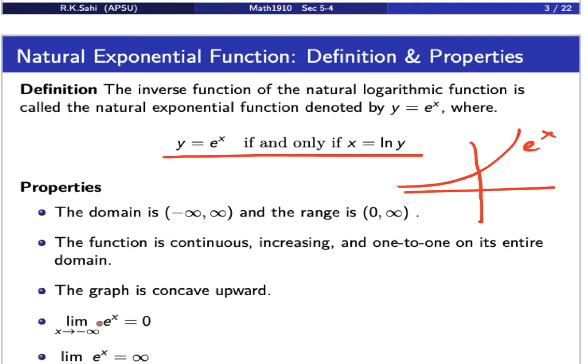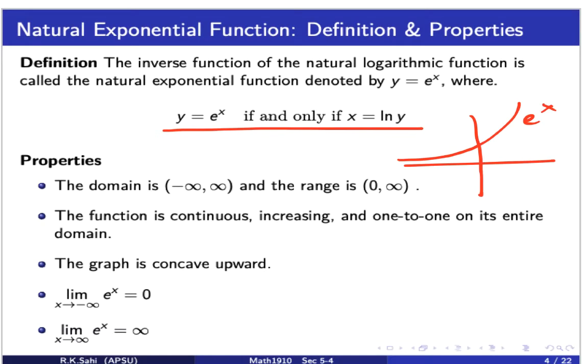If we take the limit as x tends to minus infinity, in other words, when x becomes very, very small, the function approaches 0. And if x tends to infinity, the exponential function really explodes, so the limit is infinity.